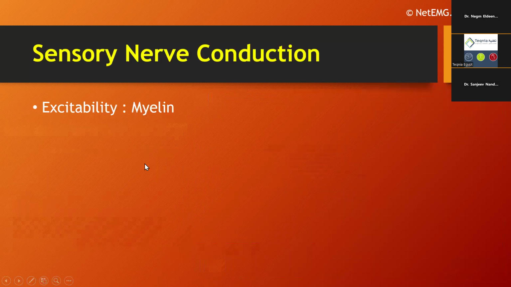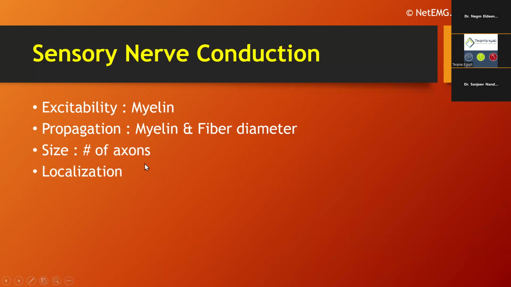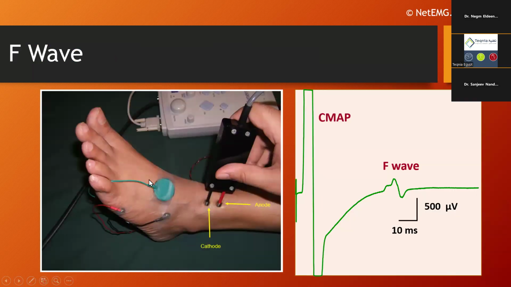So the sensory nerve conduction tells us again something about excitability, propagation characteristics, size of the axons, and this is most useful in localization. Now I'm going to take 5 minutes before we conclude to describe F waves.